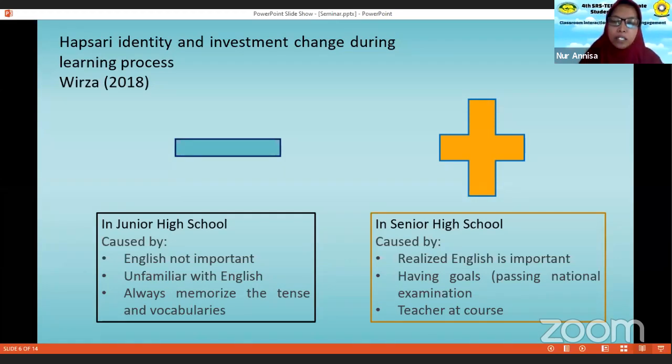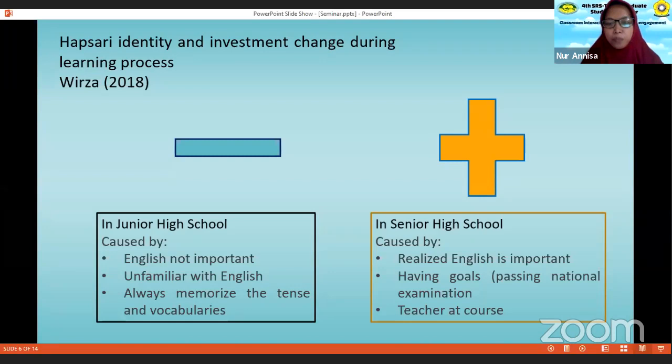But when she was in senior high school, she realized that English is important. It happened when Hapsari got a lower score than other students. So she tried to take a course outside the classroom. After taking the course, Hapsari got higher scores, and then she thought that she had to continue learning English in class because now she was at a stage where she had goals.